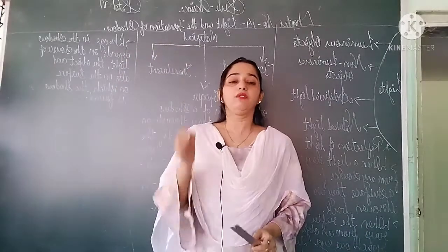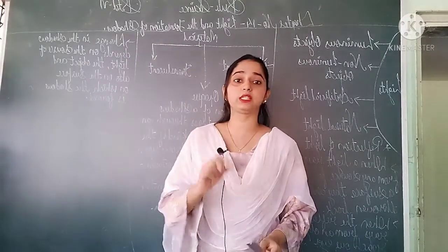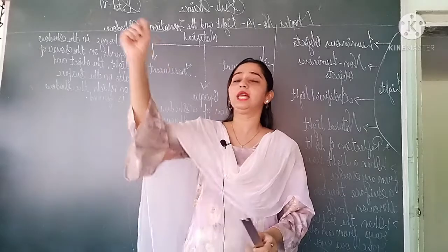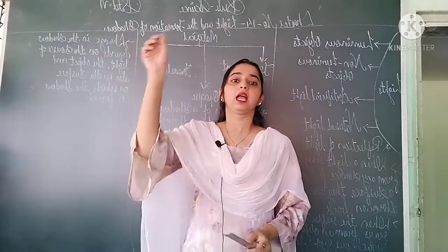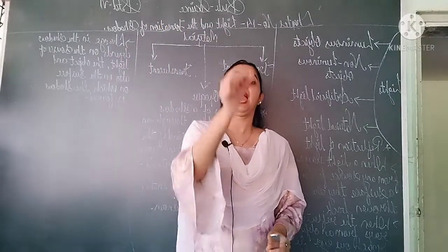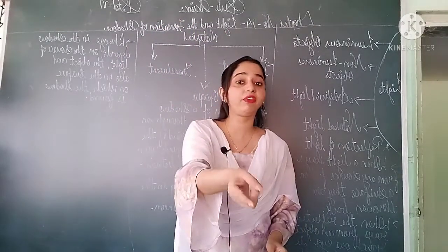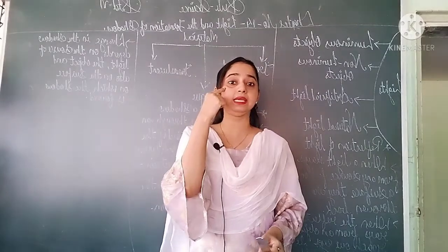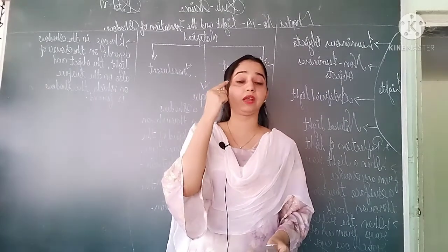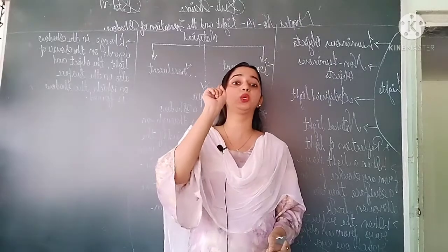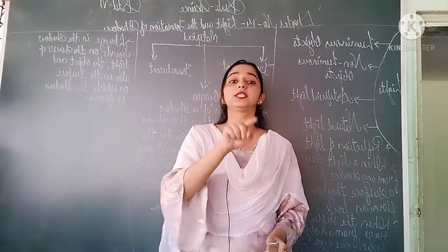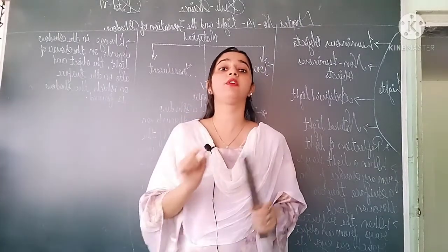Now see, when we get light from any source, for example here the sun is the source of light, those sun rays come on any object, and that object reflects the light into my eyes, and then I can see the object. This is known as reflection of light.